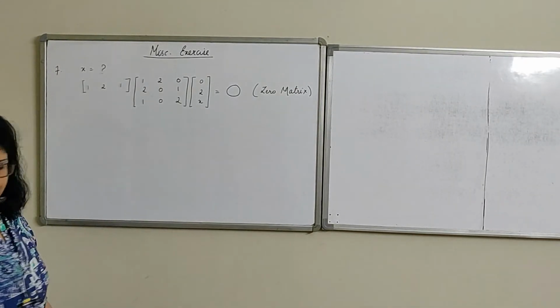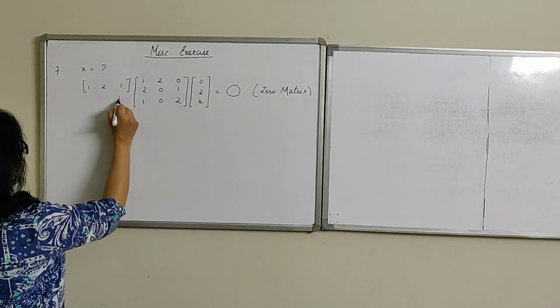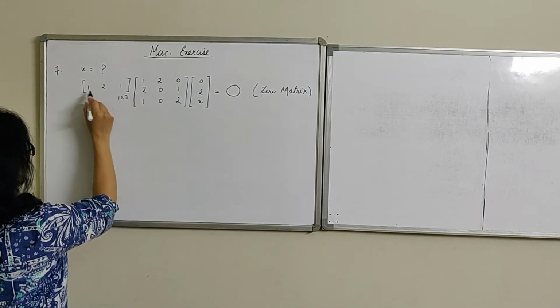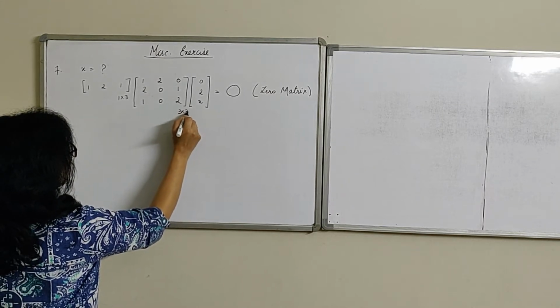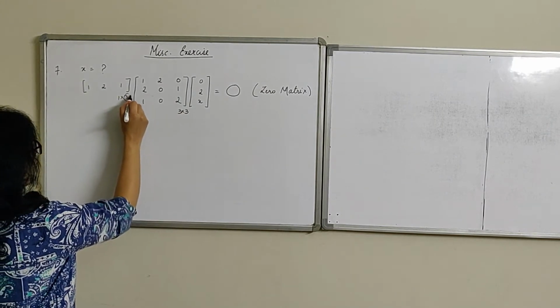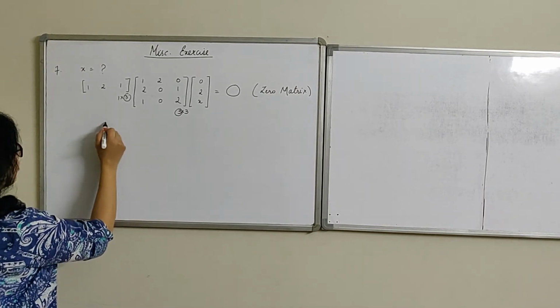So here I am just going to cross check whether this multiplication is possible or not. The order of this matrix is 1 by 3, the order of this matrix is 3 by 3, the number of columns is equal to the number of rows, so matrix multiplication is possible.